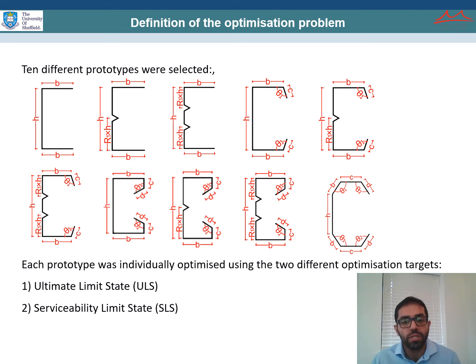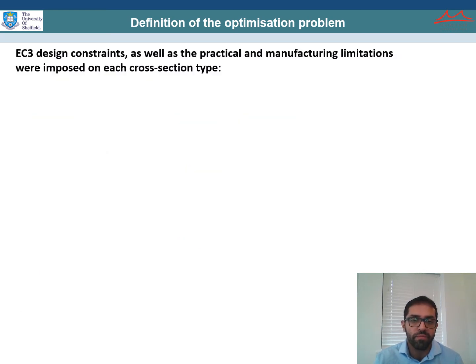Each prototype was individually optimized using two different optimization targets. The first one was ultimate limit state, or ULS, and the second one serviceability limit state, or SLS.